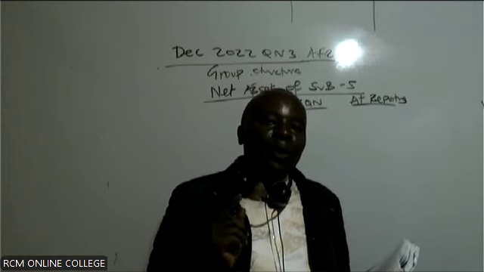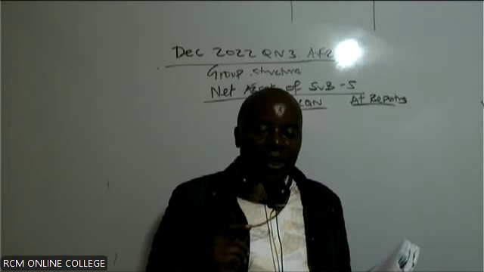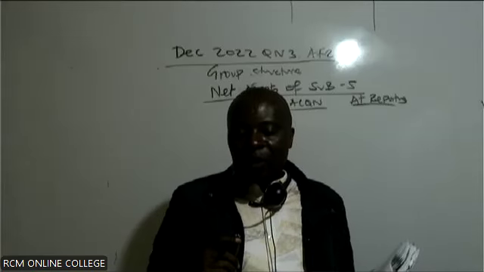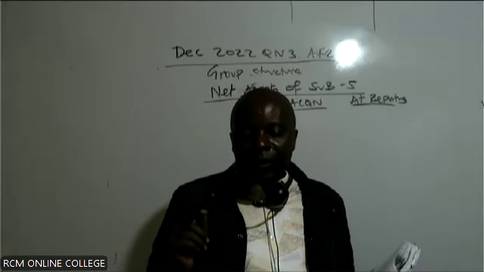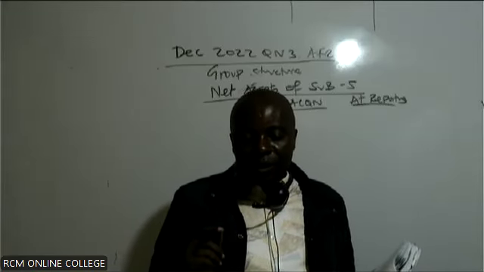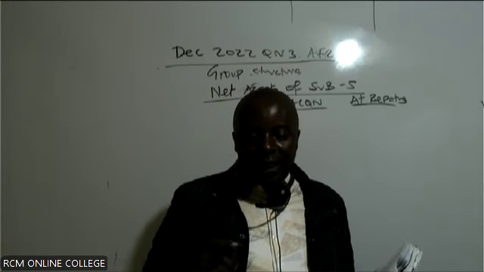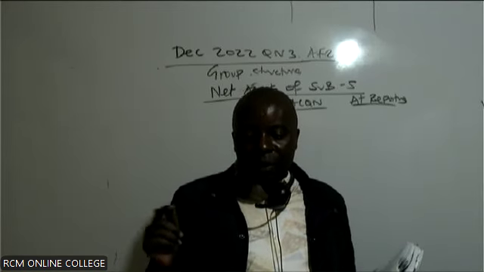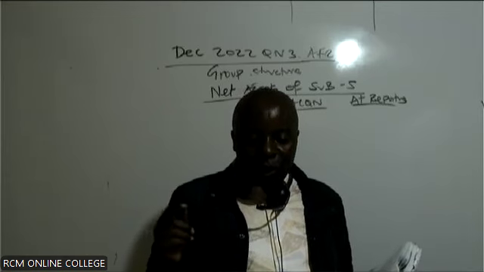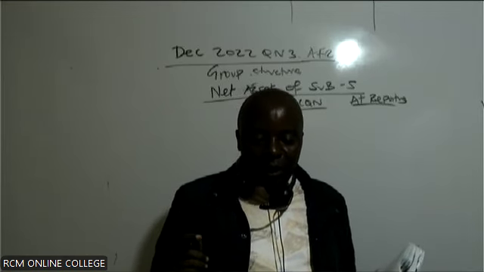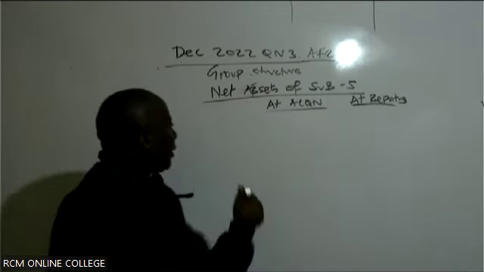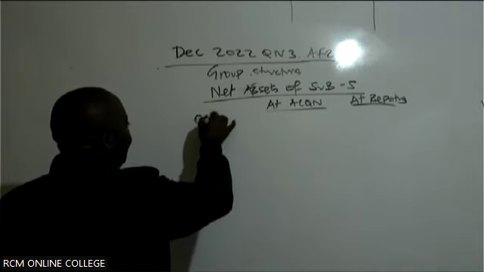Do you remember the components of equity? Is there anybody who is able to remember the components of equity here? Because net assets equals equity. What things do we look at to be our equity? We have ordinary share capital.